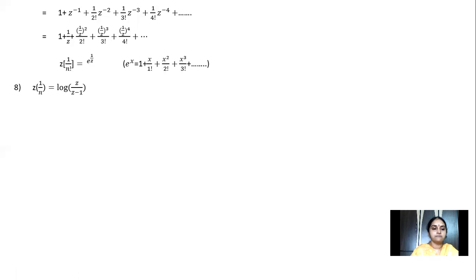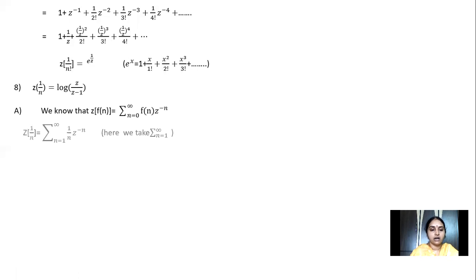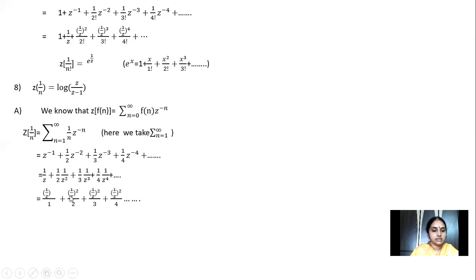My next one, Z of 1 by n equals log of something. We know the same formula, and in place of f of n you put 1 by n and expand this. Put n equal to 0, put n equal to 1, like this, expand it, and then write 1 by z, 1 by z whole square, plus, like this, x plus x square by 2. There are no factorials.